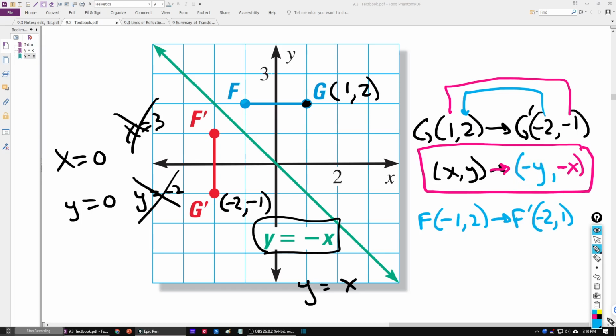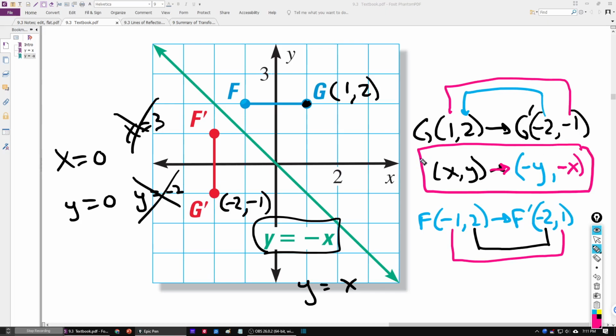With this -2, do we have the opposite of y? And the answer is yes. Y used to be 2, and the opposite of 2 is -2. Hey, that works. And then here, with this 1, is it the opposite of what x used to be? X used to be -1, and the opposite of -1 is +1. Bingo, it works. So you see how easy that is?